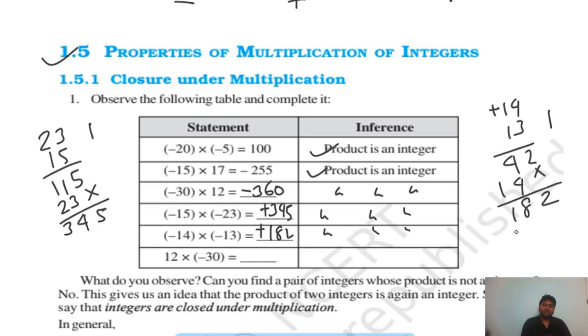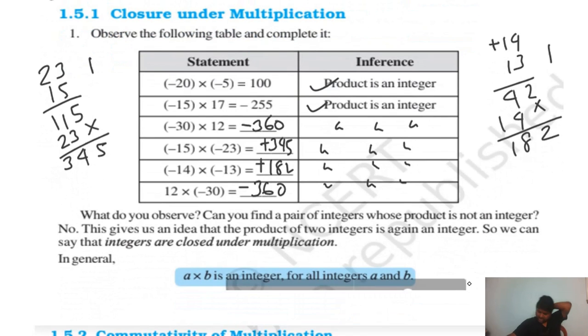12 into minus 30 is also negative, because one is positive and one is negative, and we get minus 360. This product is an integer. So what do we observe? Negative into negative gives a positive number, an integer.